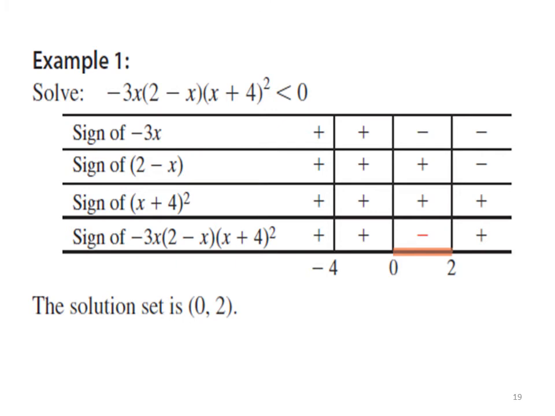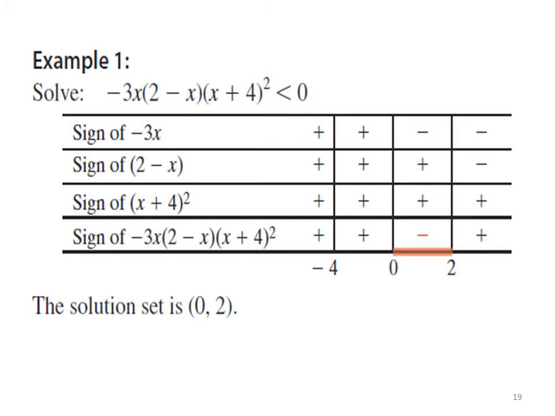Here is an inequality. This is a polynomial inequality. We want to solve minus 3x times 2 minus x times x plus 4 squared less than 0.